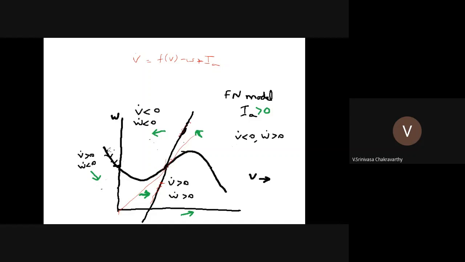So earlier, in the previous case, for I equal to 0, the V nullcline and W nullcline are intersecting like this. You can divide the V nullcline into 3 branches. From minus infinity to here is the first branch. From the minimum to the maximum is the second branch. I'll tell you why these points are significant.